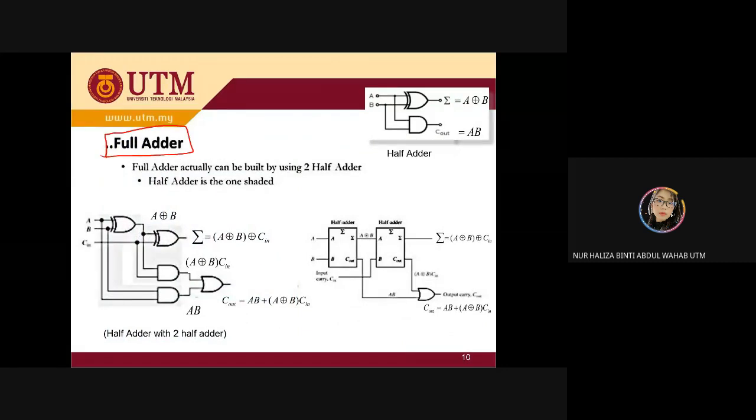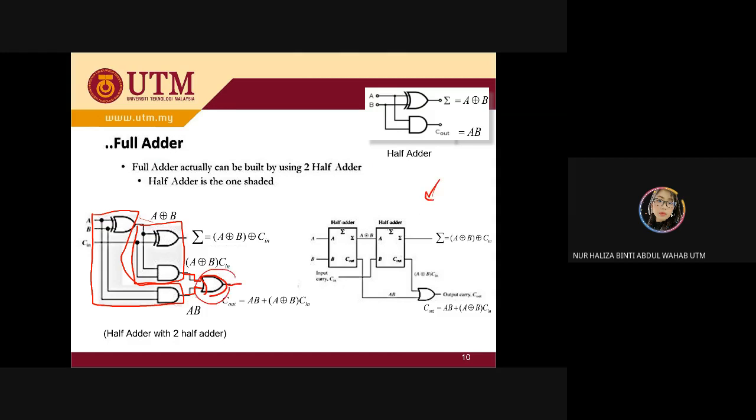Full adder is the addition of half adders with the OR. Add together. You can see here you have this circuit to be a half adder. You have another circuit to have a half adder, and the outputs you will add. Add using what? The OR gate.